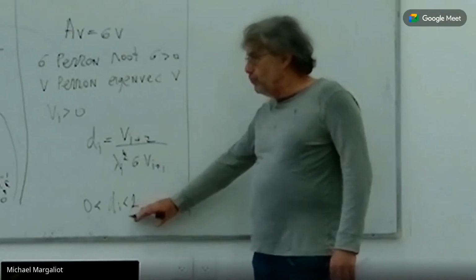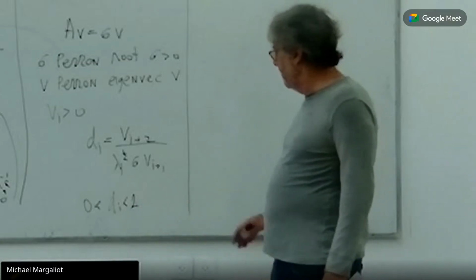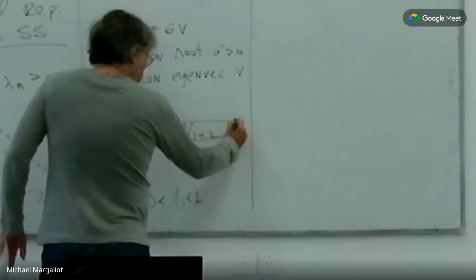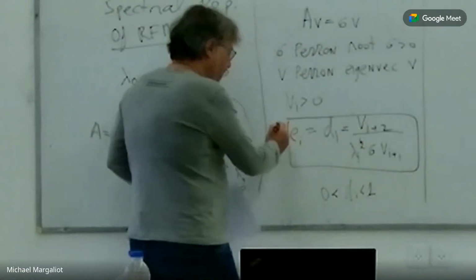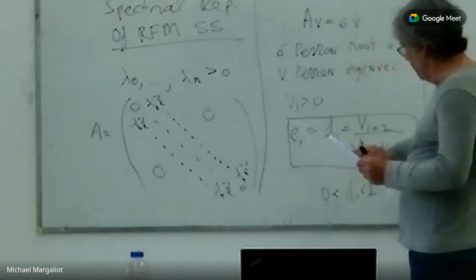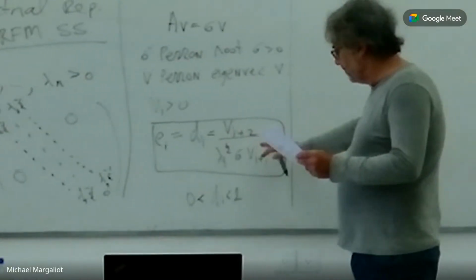And because there is a unique equilibrium point in [0, 1], these d_i's are just the e_i's. So in other words, we know now that we can express the coordinates of the steady state in this form.